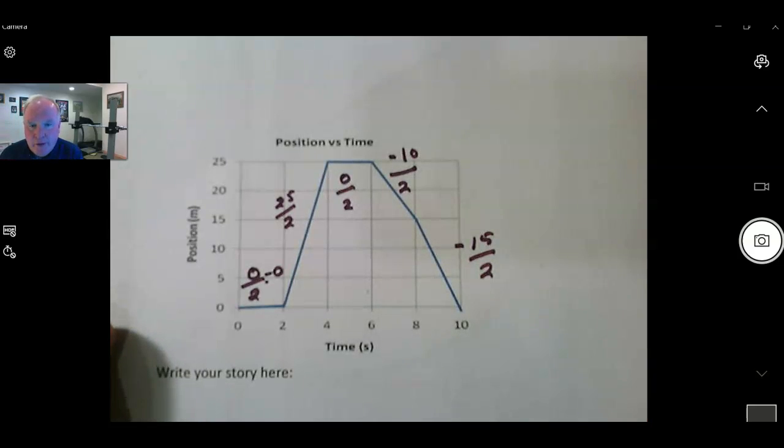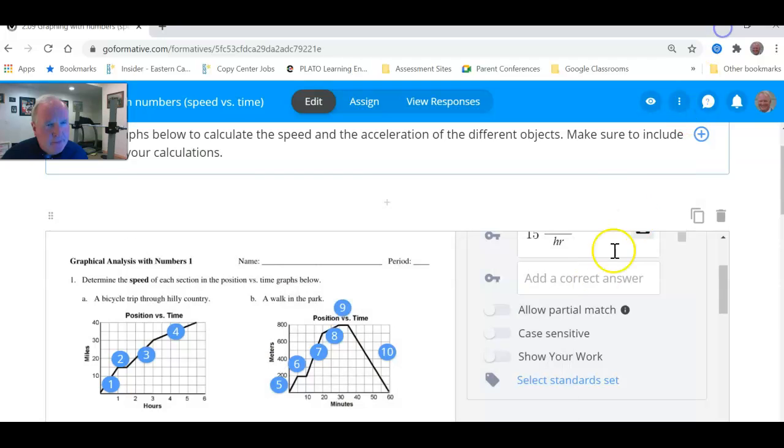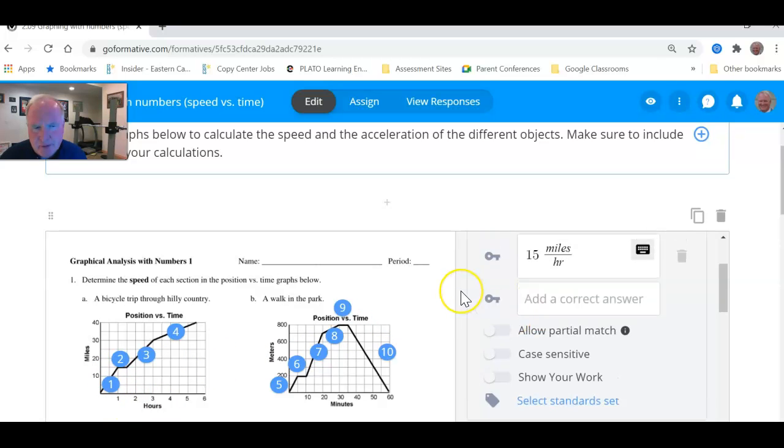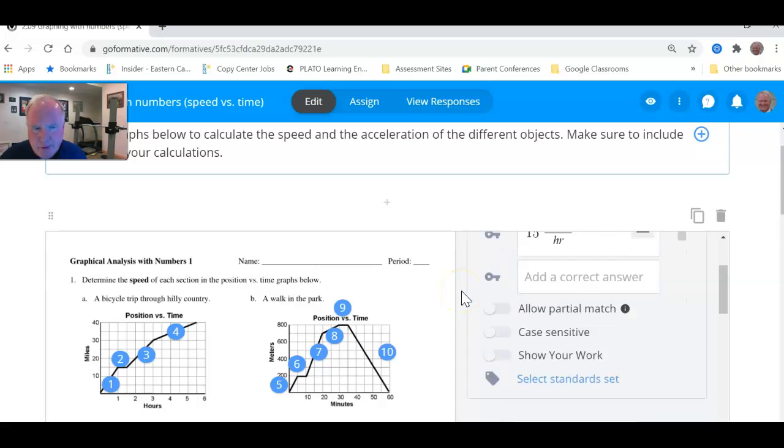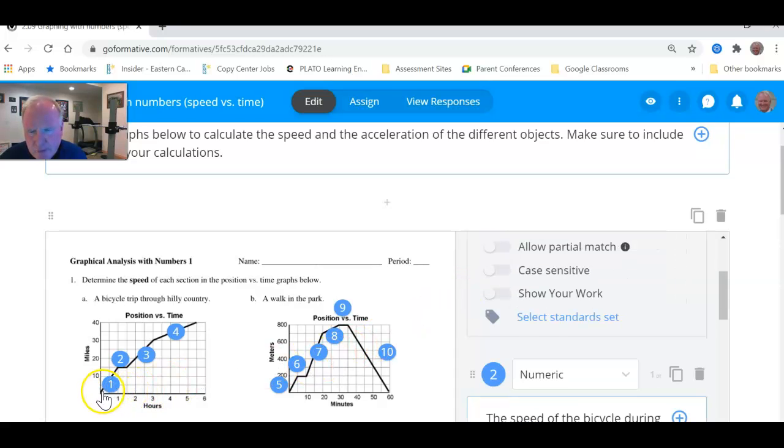And so the way you guys would be putting these in, I hope this one's in meters per second, but look, when you guys do your problem set right here, you can notice that the units are in miles and hours. And so the speeds you should be getting here are miles per hour. And so I've got it set up here so maybe you guys can see the first one, but you see the rise here in the first one is 15 and the run is just 1.